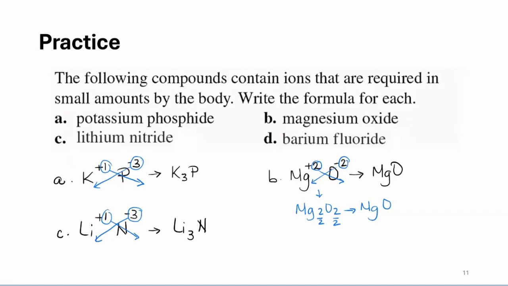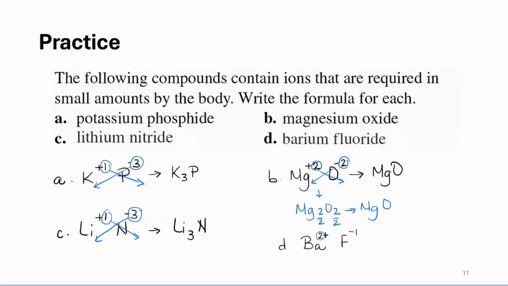Let's do the last example, which is barium fluoride. Barium, its symbol is Ba, because it lives in 2A, is going to have a charge of 2+. Then we have fluoride, which is symbol F, and because it lives in 7A in terms of its group, it has a charge of -1.